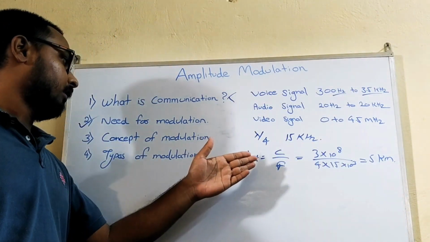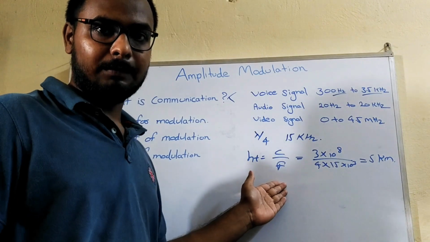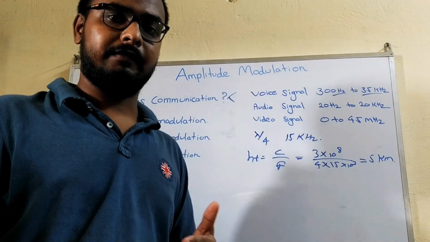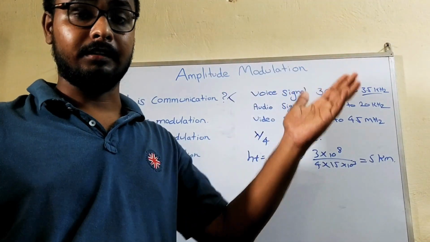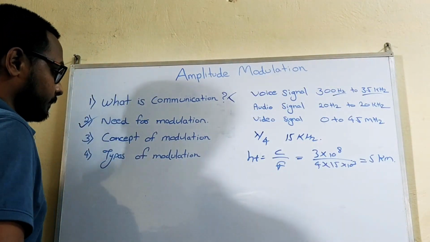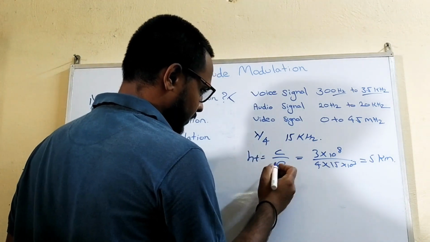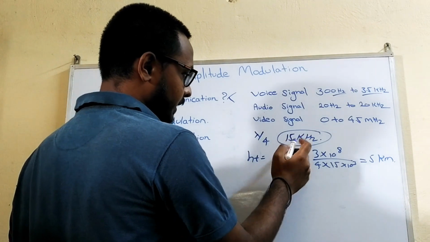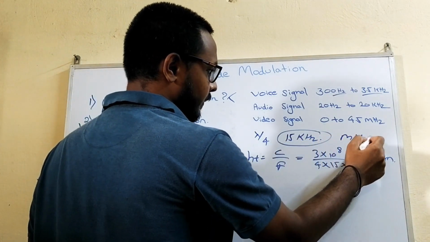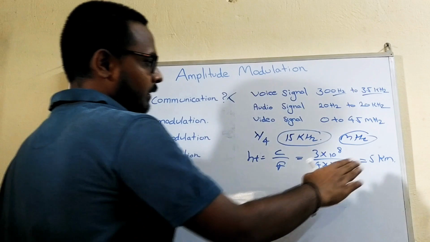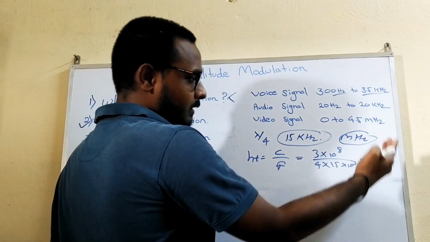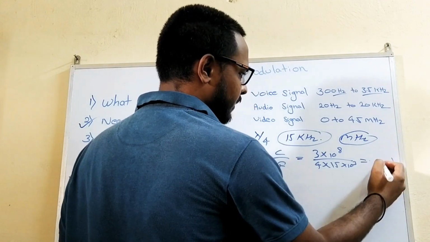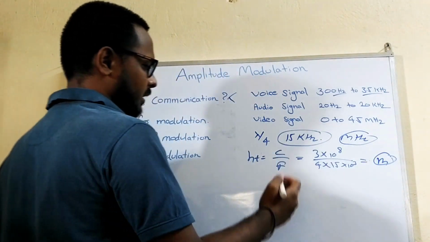So we use the modulation concept, in which we introduce a carrier signal. The frequency of the carrier signal is up to megahertz, and if we shift the 15 kHz signal into the megahertz range, then the antenna height is reduced from kilometers to approximately meters.